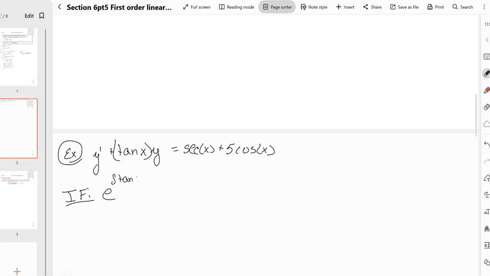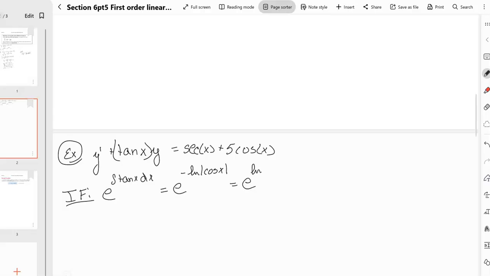In this case, I'm integrating tangent. And when I integrate tangent, I'm going to get the negative ln of cosine. And then I'm going to simplify this. This negative is really an exponent on that argument of the ln.